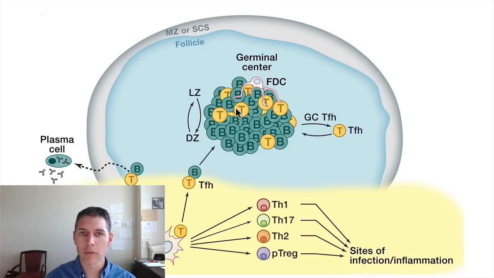For example, the amounts of IL-21, as well as probably other quantal processes. And the magnitude of that help drives the extent of germinal center B cell proliferation in the dark zone, and therefore there's a direct relationship between adhesion and the T cell help.